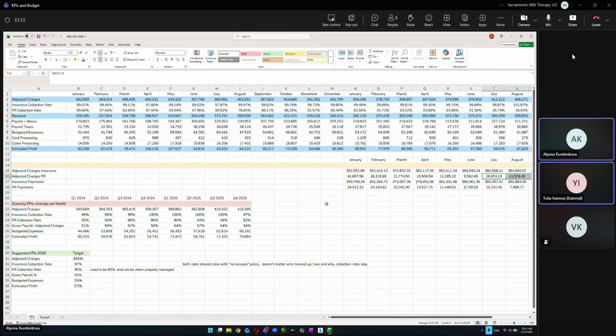You're mixing two different things. What Vanessa is referring to is, let's say the insurance company said that out of the $100 that you're charging for the session, they cover 80 and patient responsibility is 20.